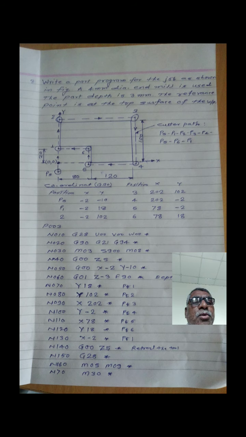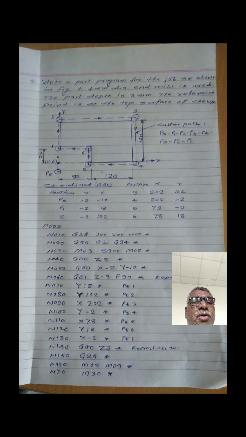So you have to move it 5 millimeter along the Z axis with rapid traverse, that is G00, which indicates rapid traverse. Why do we use rapid traverse here? Because the tool is moving in the air. There is no contact between the tool and workpiece. To save cycle time, we use G00, the rapid traverse code.